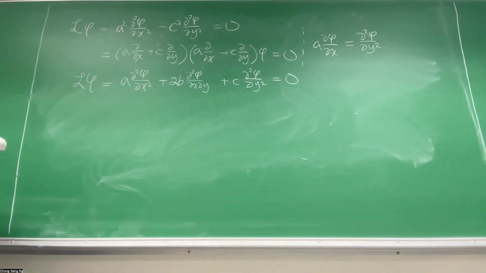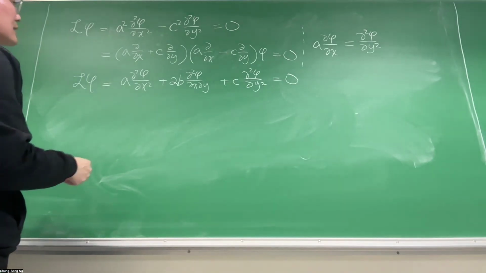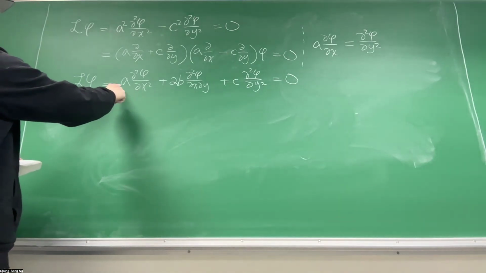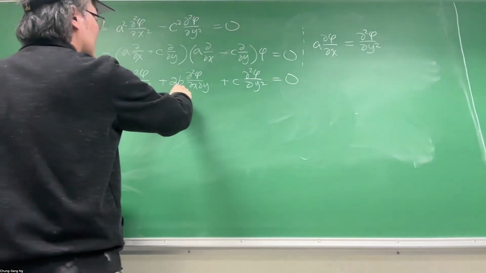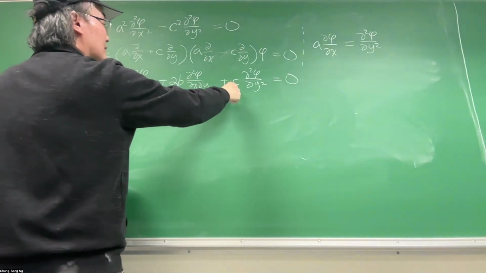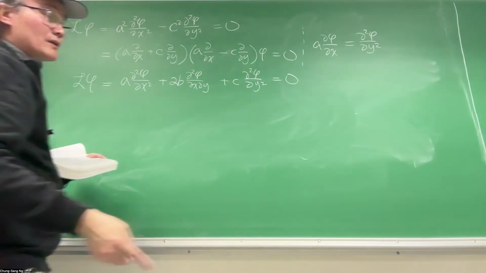Right. And again, treating it like an algebraic equation, so A x squared plus 2B x y plus C y squared, right?